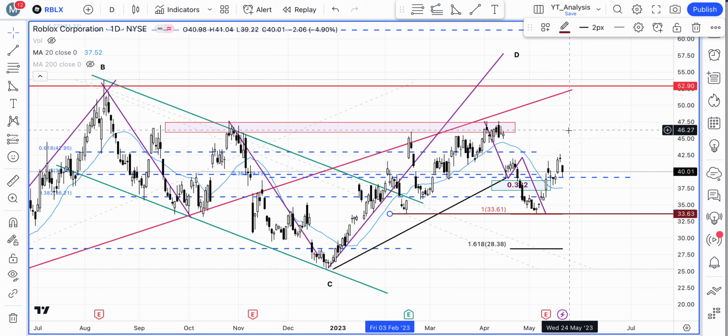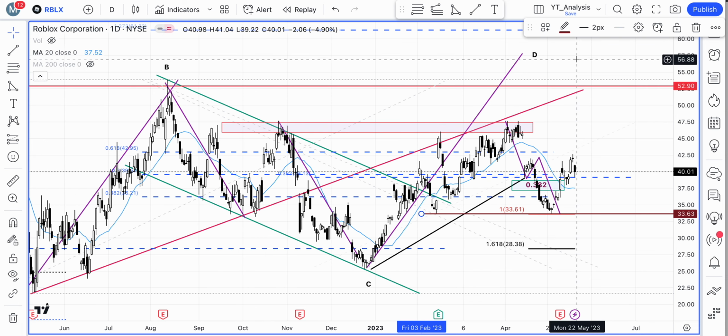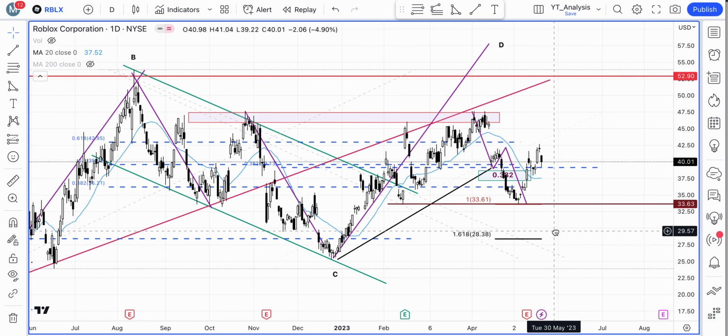But again, the challenges remain in terms of several resistance levels that the stock needs to take out before it's able to actually reach the target we are looking at, between $58 to $60 per share level.